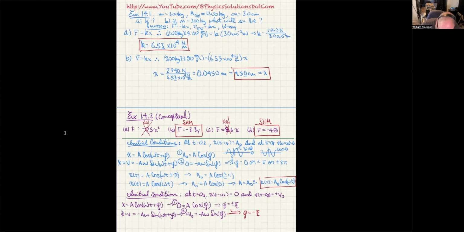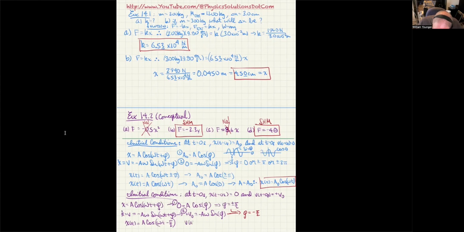Now, with that in mind, we can go ahead and say, all right, x of t is equal to a cosine omega t minus pi over 2, like that. And if we wanted to figure out what the actual amplitude is, then we need to go ahead and let a omega equal v0.